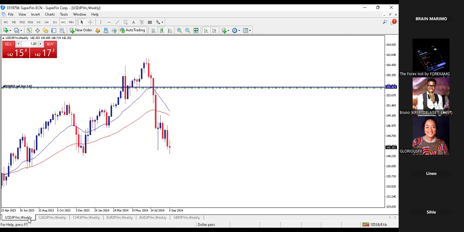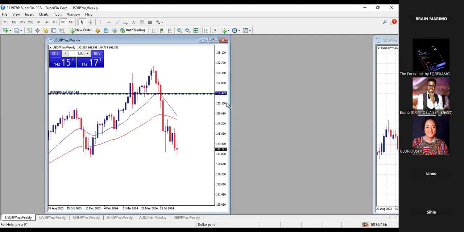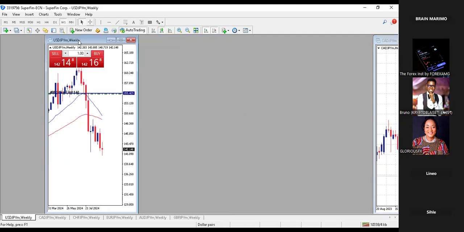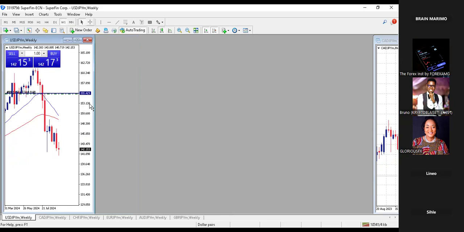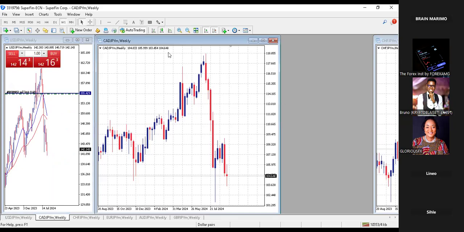I think we can all agree that they are moving in the same direction. Let's try to put them side by side. We still have NZD-JPY.